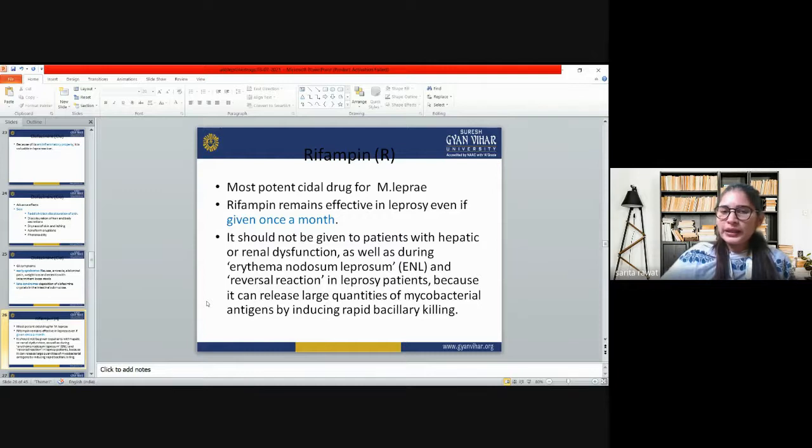It should not be given to patients with hepatic or renal dysfunction, as well as during erythema nodosum leprosum, ENL, a reversible reaction in leprosy patients, because it can release large quantities of mycobacterial antigens by inducing rapid bacilli killing.